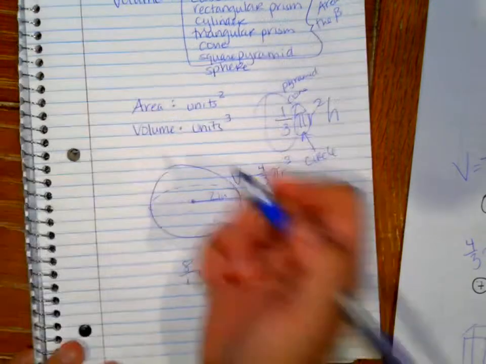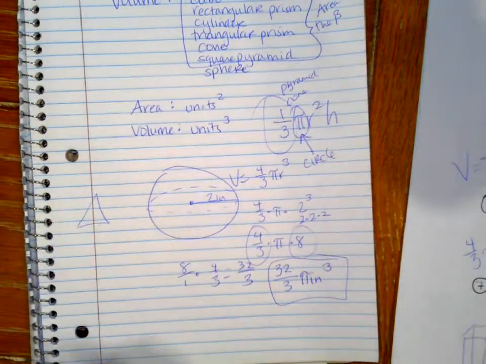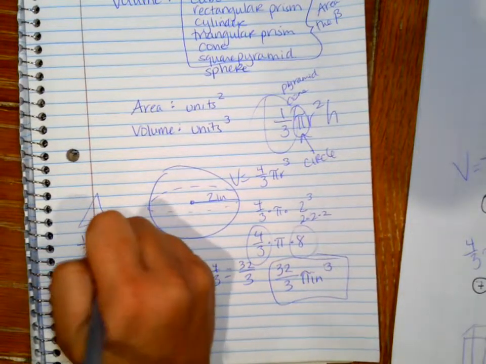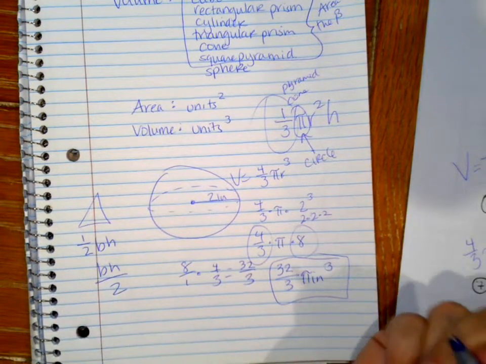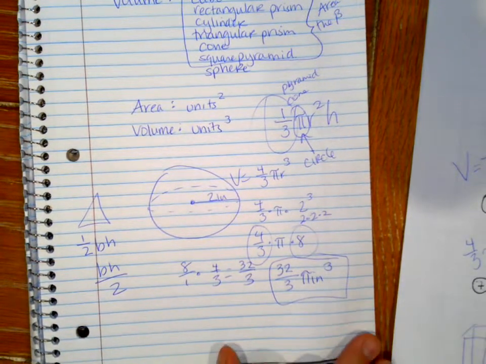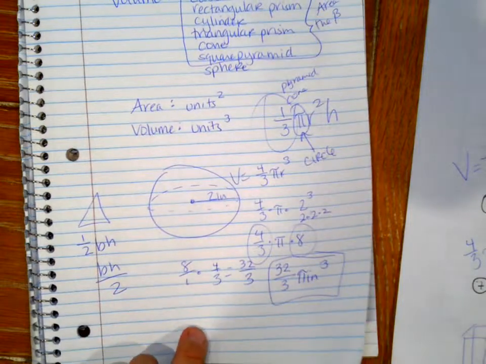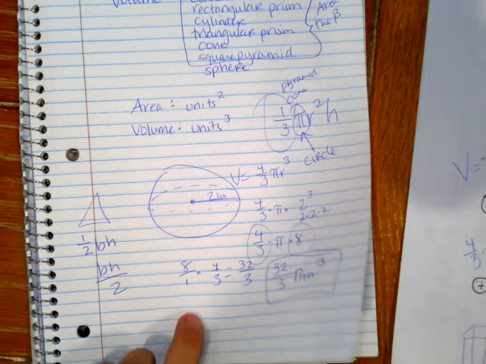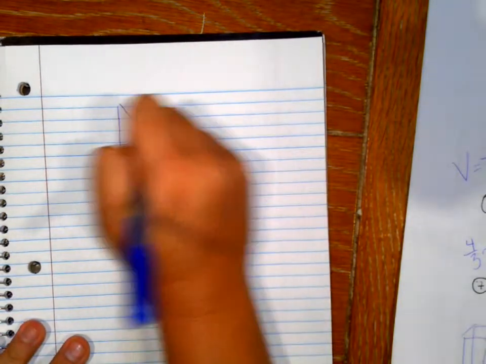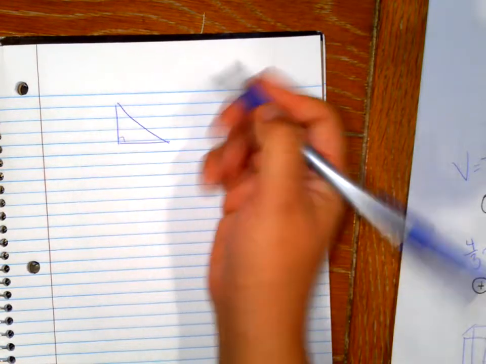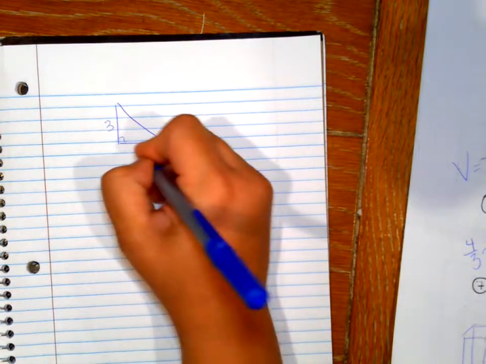Triangle. To find the area of a triangle, it's 1/2 the base times the height, or base times height divided by 2. Let me turn this real quick. So on your triangle, if you're given this, and we'll just do 3 and 4.